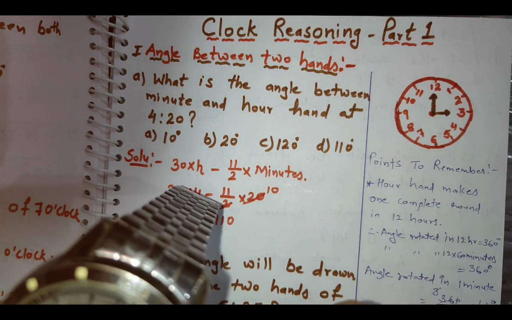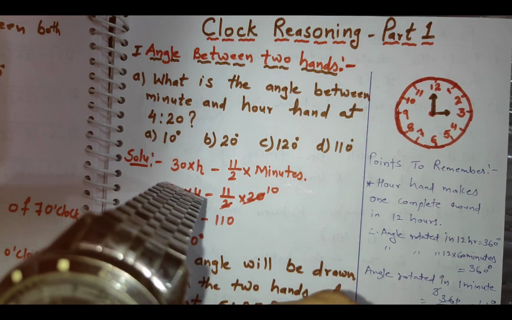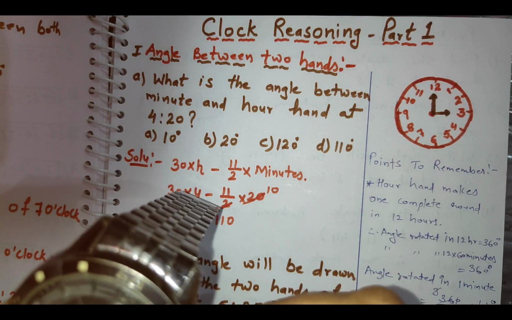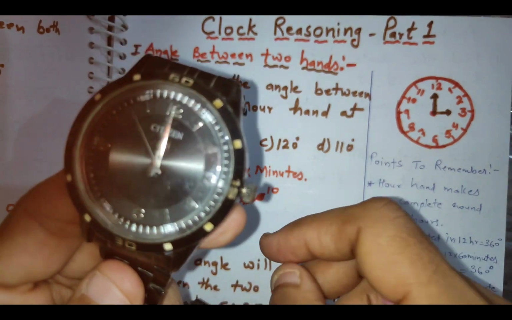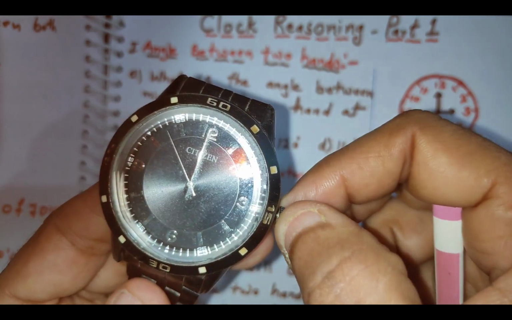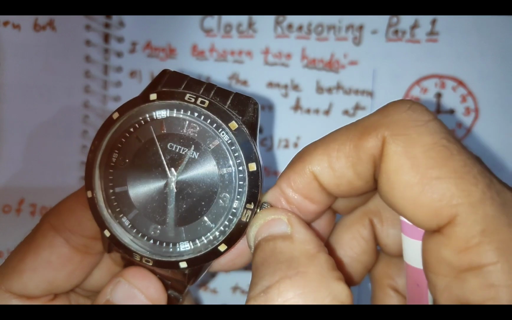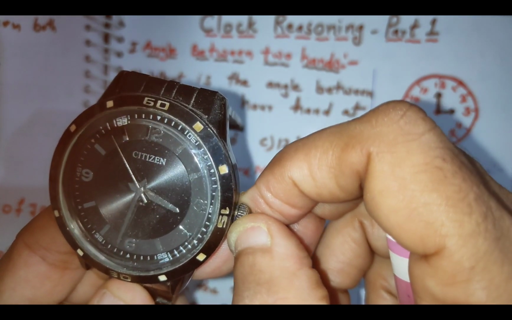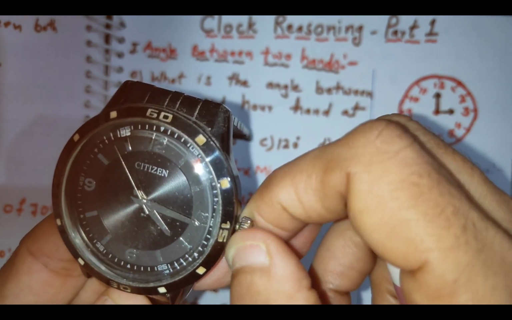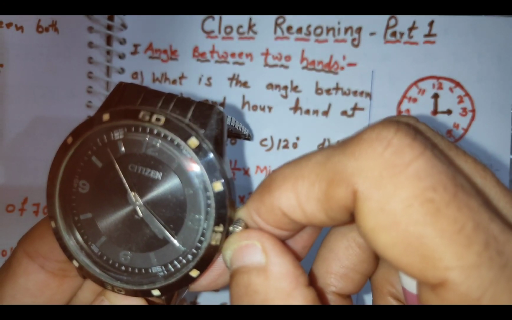So suppose both these arms were here together, right, at 12 o'clock. Now 4:20 means they will be moving in this direction. Yes. So now this is 4, and 4:20 means here.